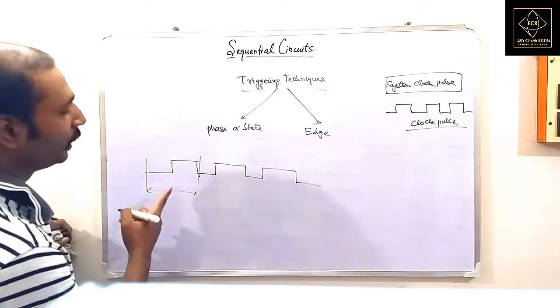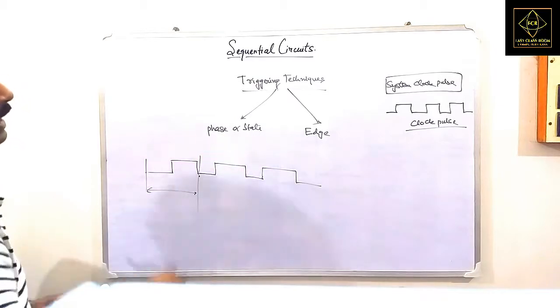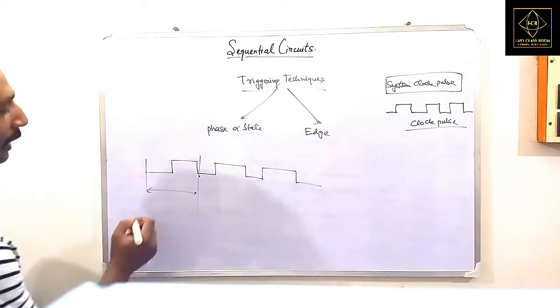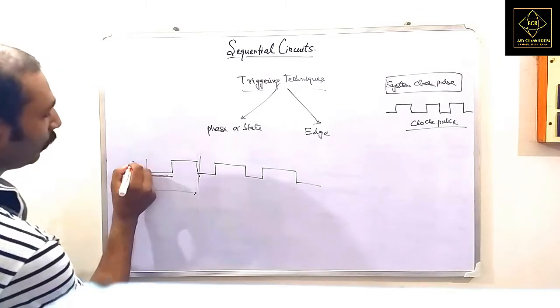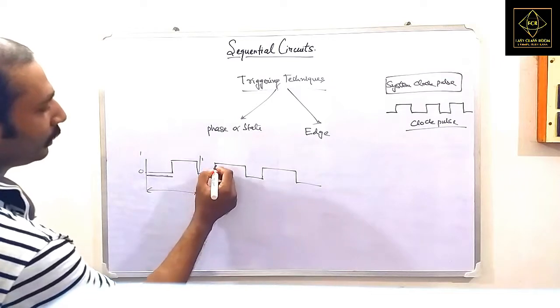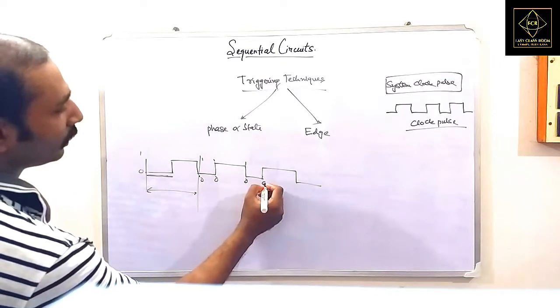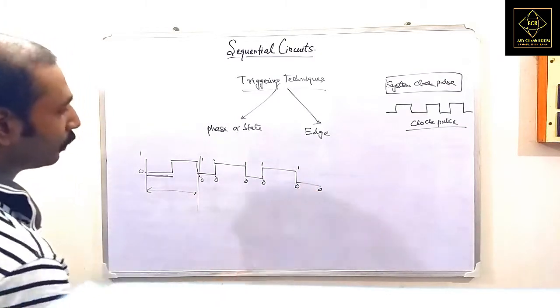So this is 0 and this is 1, and this is 0, this is 1, this is 0, this is 1, this is 0, this is 1, this is 0, this is 1, and this is 0, right?